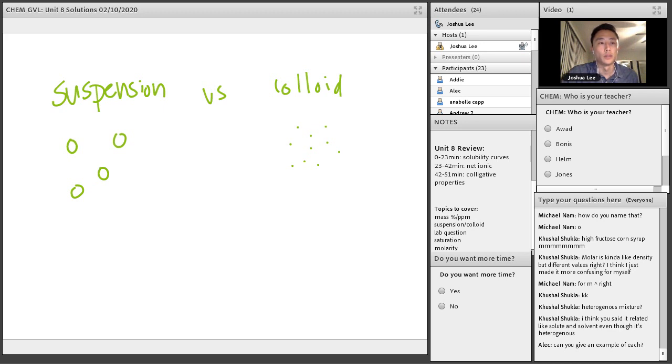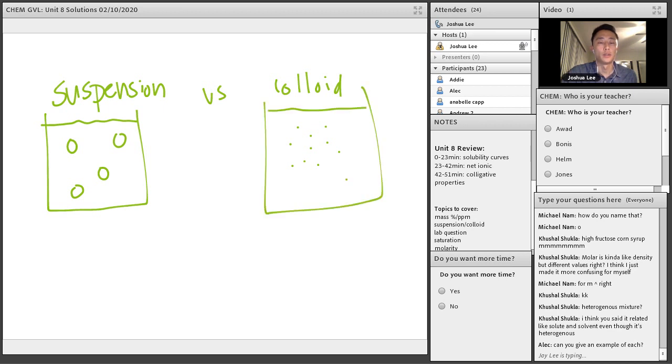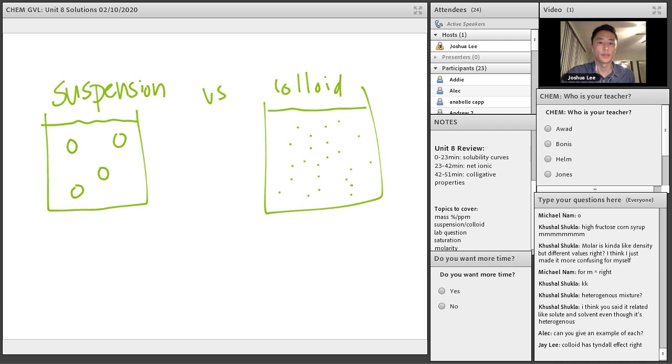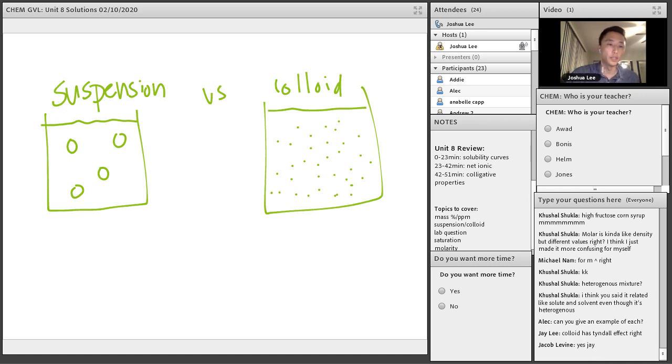So you'll have this and this. And then the main difference would be, yeah, colloids do have that Tyndall effect. So suspension, it's basically the same thing.